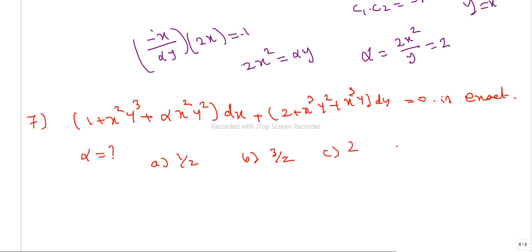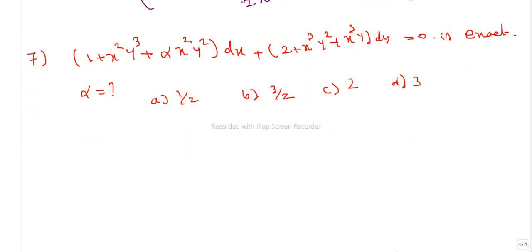Just take M and differentiate M with respect to y, and equate it to dou N by dou x. What is M? The coefficient of dx is 1 plus x square y cube plus alpha x square y square, and N is 2 plus x cube y square plus x cube y.